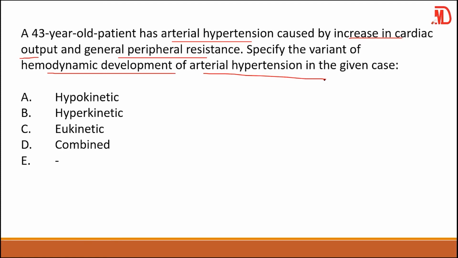Please take note of that. But in this case, we're having both conditions occurring, and hence our answer is eukinetic. Don't go and use combined as a layman's explanation that it is both means combined. I know some of you might be thinking that way, but the right term is eukinetic. All right.